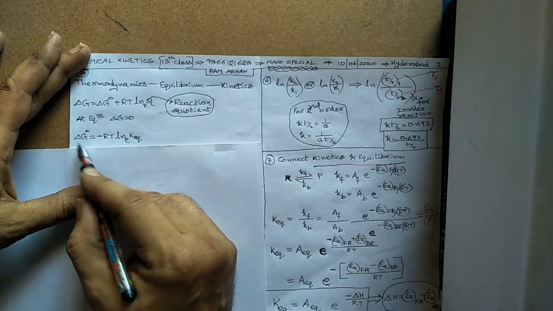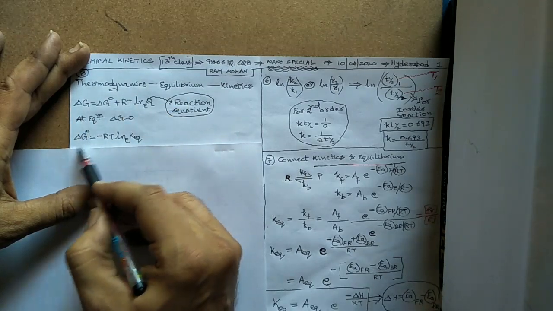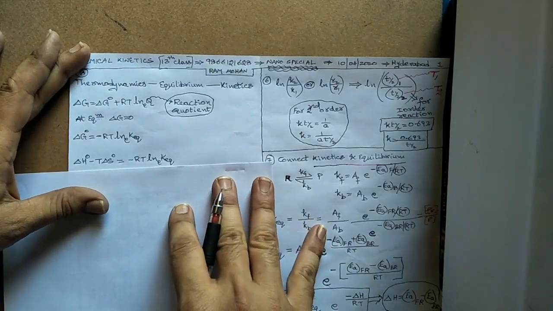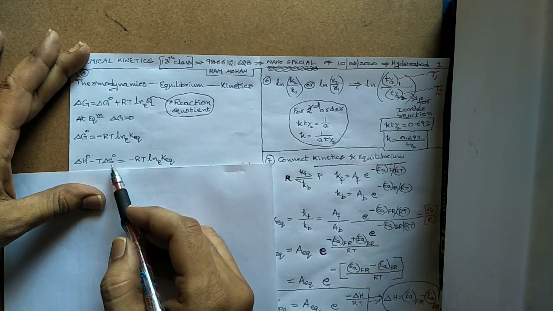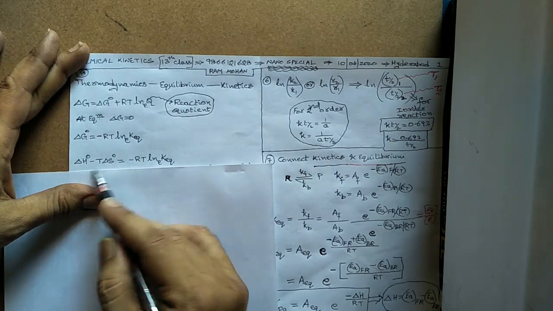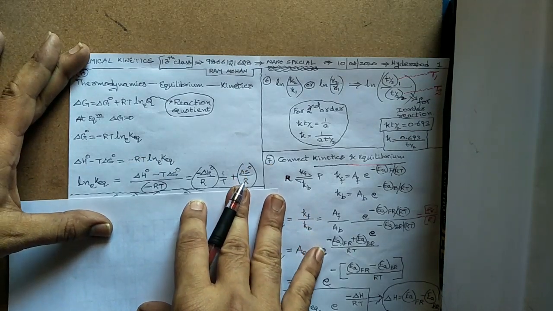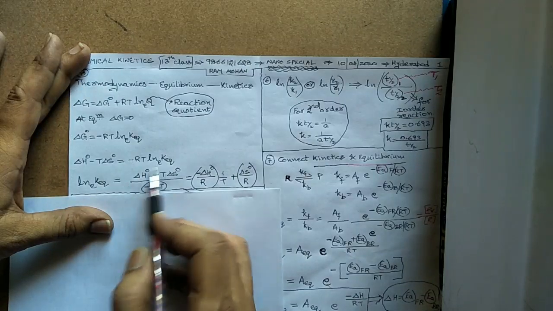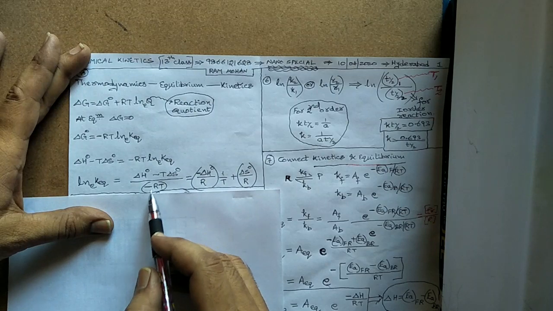We know very clearly what is delta G. Delta G equal to delta H minus T delta S. Similar way, delta G naught is delta H naught minus T delta S naught. So I can substitute that here. So delta H naught minus T delta S naught. I'll take minus RT to the other side. So what do I get? Log K equilibrium to base E is equal to delta H naught minus T delta S naught by minus RT.